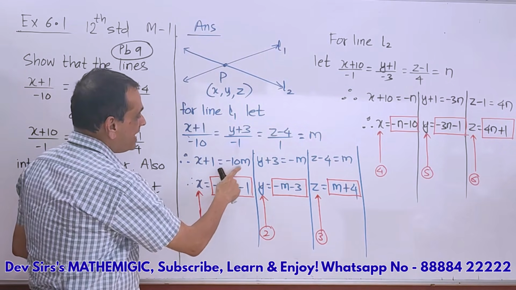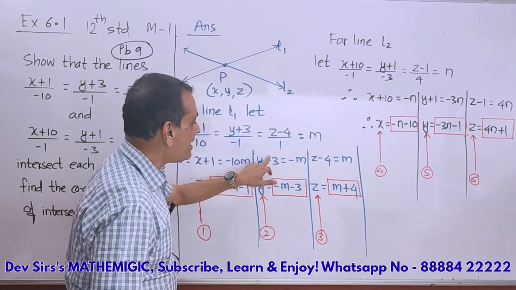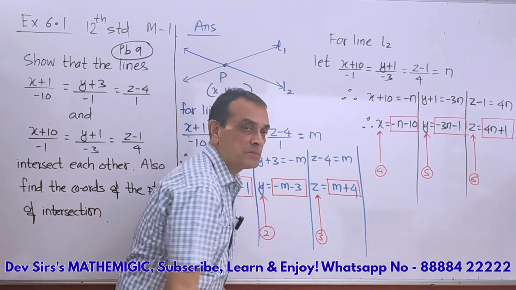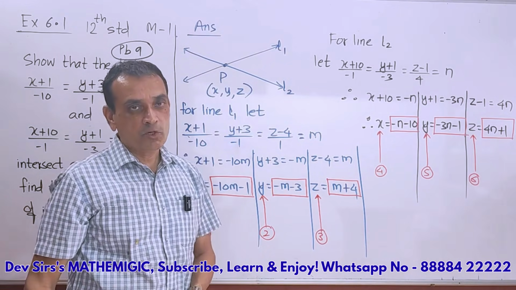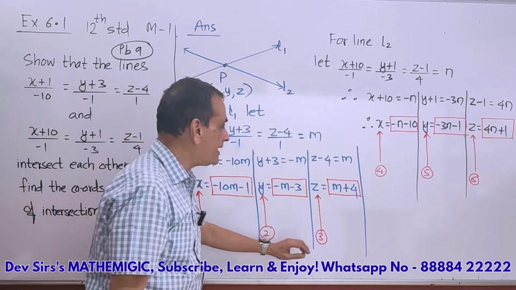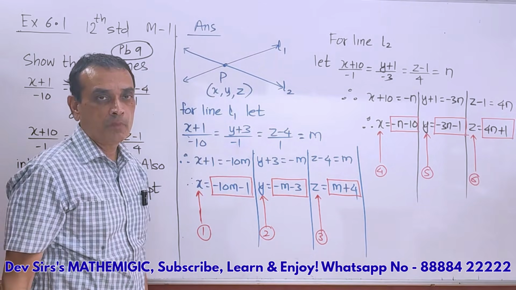So x is equal to minus 10M minus 1. Y is equal to minus M minus 3. Z is equal to M plus 4. A simple solution. These I call equations 1, 2 and 3 for line L1.